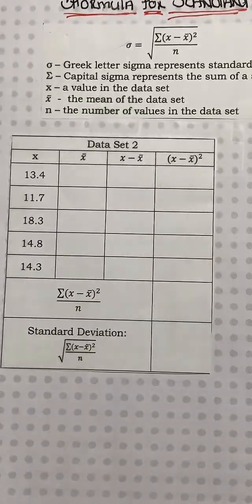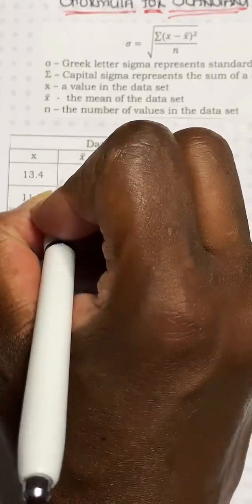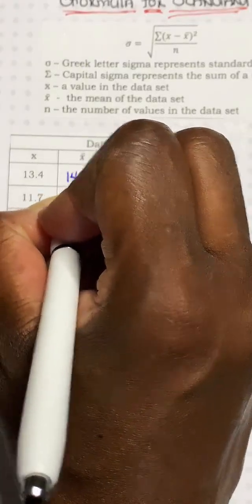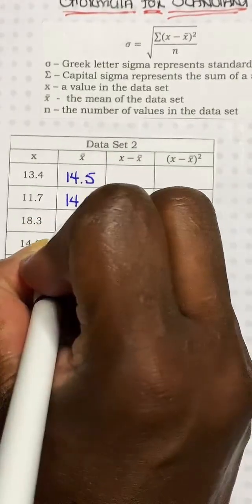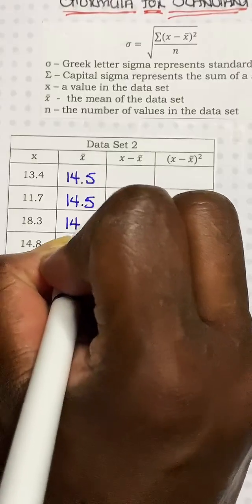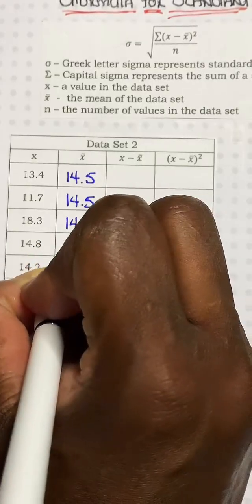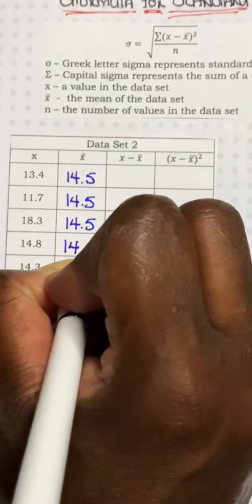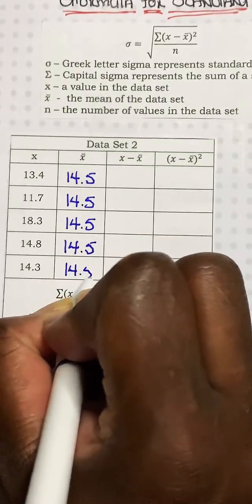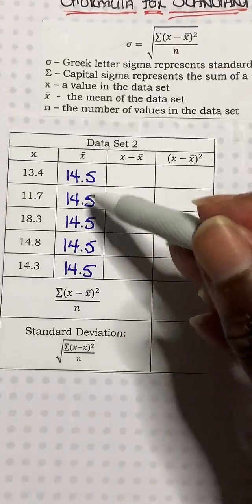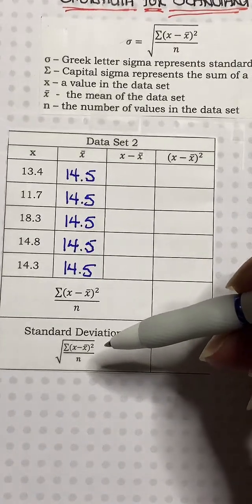So that's what we're going to fill in this spot, our 14.5, because that's the mean of our whole entire data set.